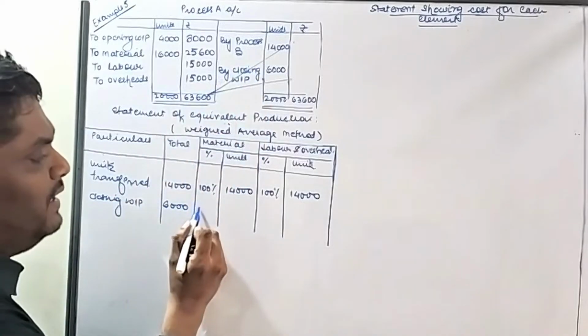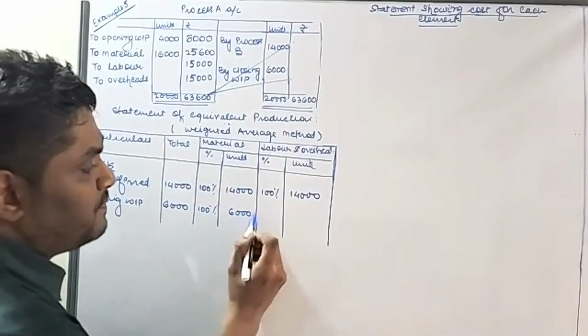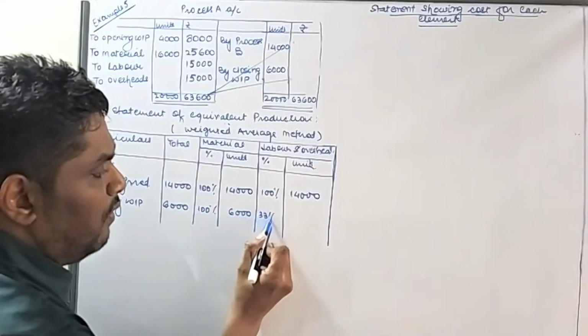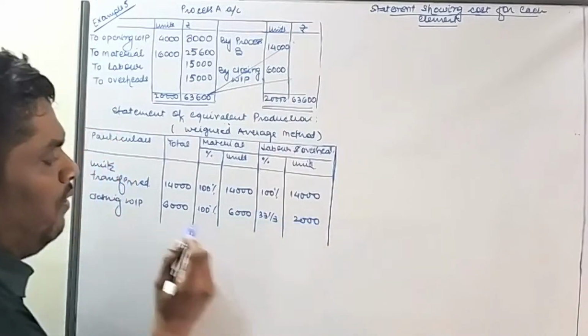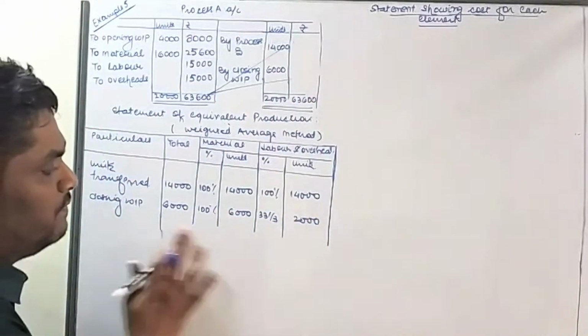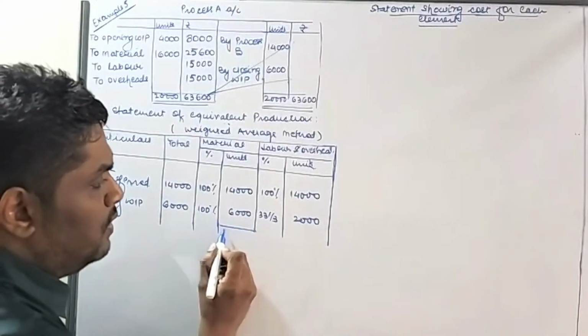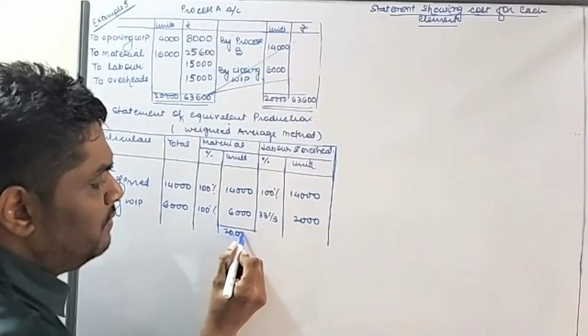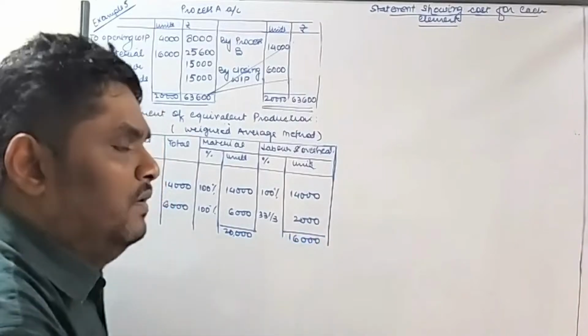How much work is done during the year? 100%, 6,000. So this will be 20,000 and this will be 16,000.